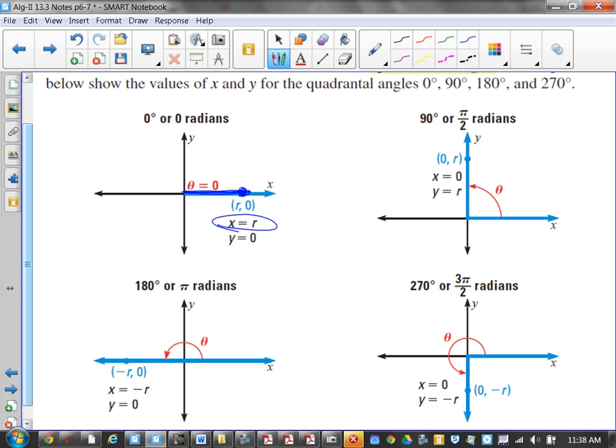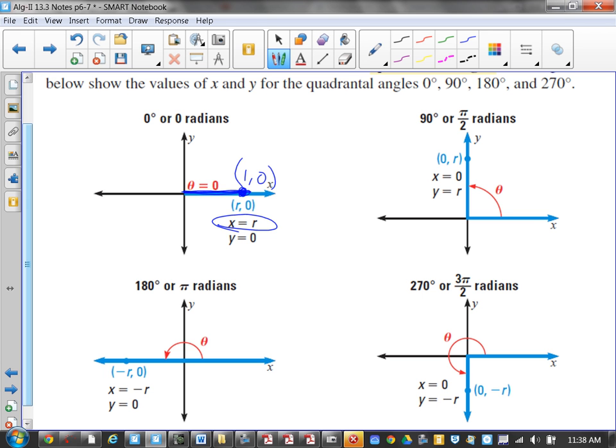So if I wanted to look at a cosine value, cosine is x over r. If r is the same value as x, what's it always going to be? 1. If it is 2 over 2, what's 2 over 2? 1. If it's 7 over 7, what is it? 1. It always equals 1. That's why the ordered pair here is at 1 and 0.